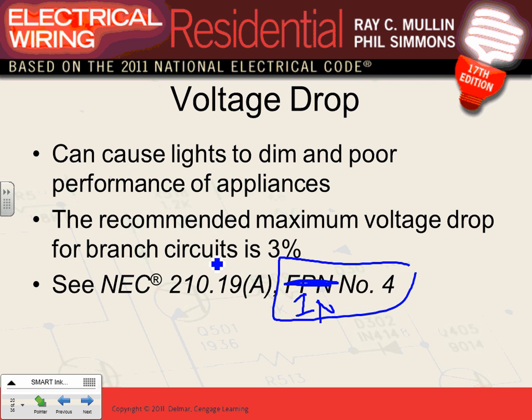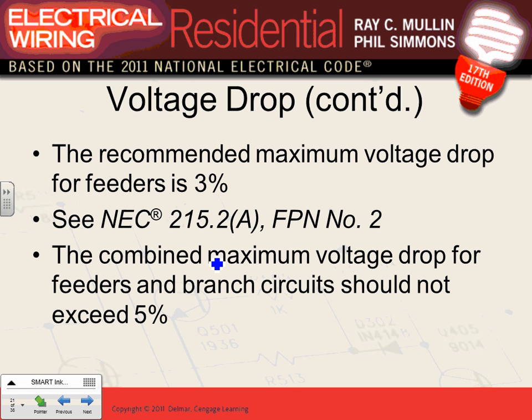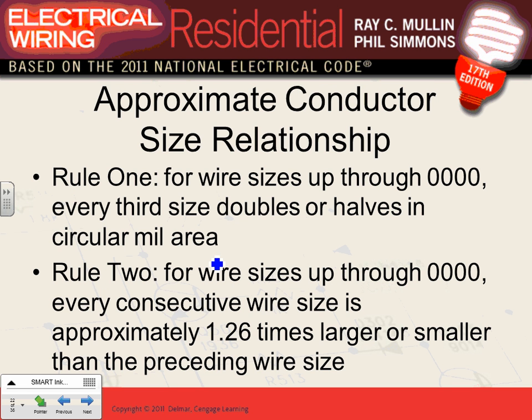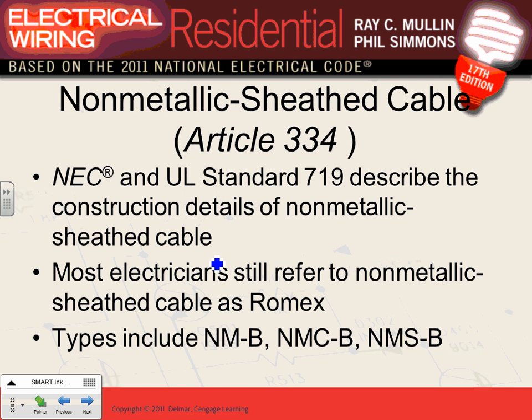Your lights will dim, your sensors will not pick up, and your machines will overheat because of voltage drop. So there are a lot of applications where voltage drop is a big deal. I'll show you later on, guys. I have a nicer example than that. We'll talk about the voltage drop. I'm going to skip these.